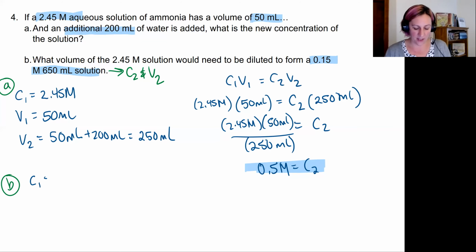So my concentration is still 2.45 molar for my initial, but this time I'm going to take out an amount of it and not all of it. I'm not going to use all 50 milliliters. And so I don't know what that volume is. And that's what I need to learn.